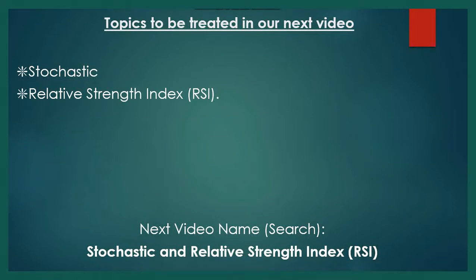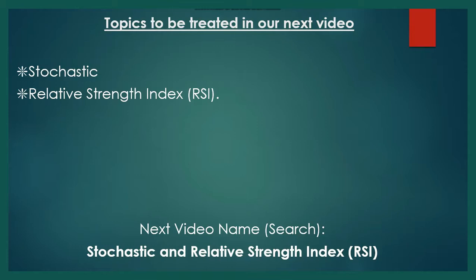Now we are done with moving averages. In our next video, we will be treating stochastic and relative strength index. These indicators are very important. That's why I'll be treating them both in the same video. They work together very much, and they are very accurate.